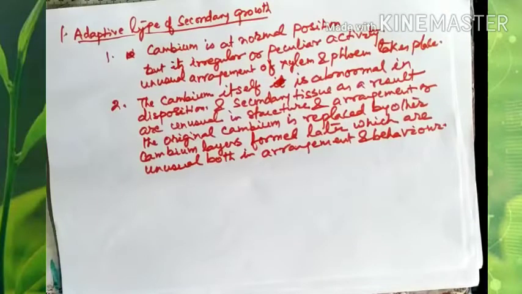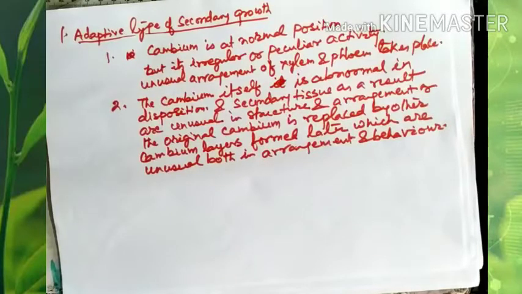It is the common thing that if the cambium itself is at abnormal position, its resultant secondary tissue are unusual in structure and arrangement. Or the second condition may occur, that the original cambium is replaced by other cambium layers.